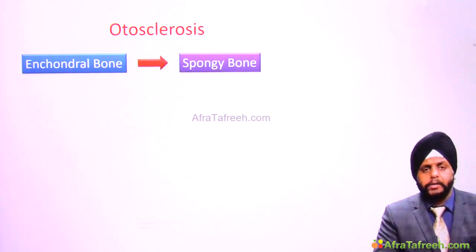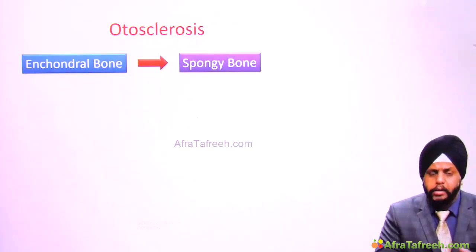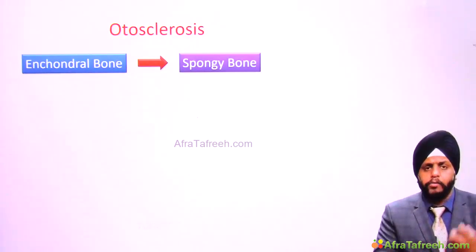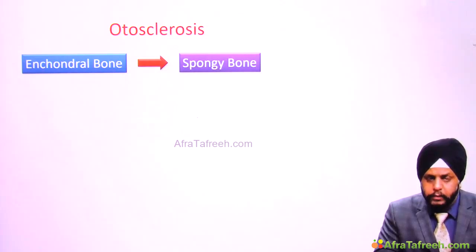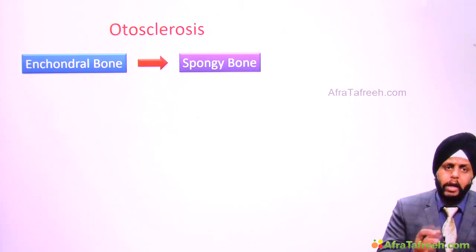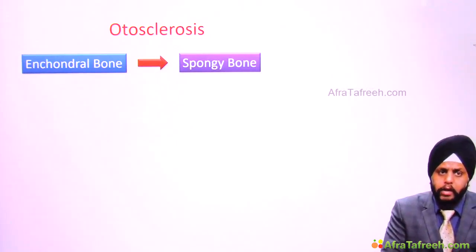We studied that the inner ear, the bony labyrinth, is developed from the otic capsule. The otic capsule undergoes ossification by 14 ossification centers. That type of ossification is known as enchondral ossification, and that type of bone formed is known as enchondral bone.